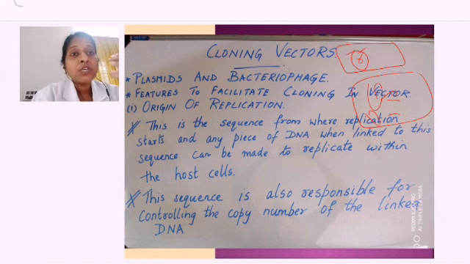So the term we use is copy number. If I am making only one plasmid, in that I am introducing my gene of interest, and if that plasmid is not replicating, if it is not dividing, it is not making its own copy, it is not going for cloning, then my process is an utter waste. So this vector should have some characteristics.